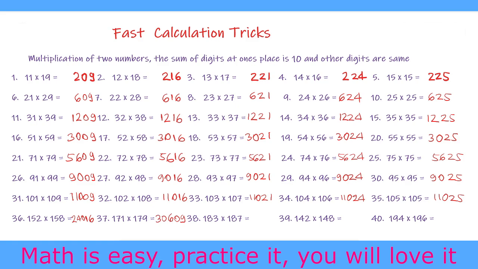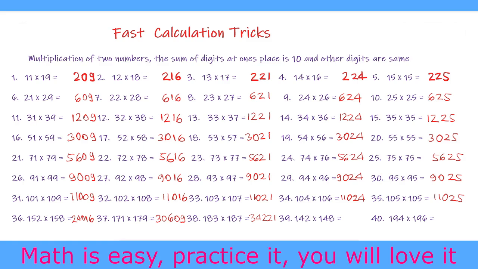Next is 183 multiplied by 187. 7 times 3 is 21 and 18 multiplied by next higher number 19. 18 multiplied by 19, we can write 19 as 20 minus 1. So 18 times 20 is 360 and minus 18, 360 minus 18 is 342. So 183 multiplied by 187 is 34,221.